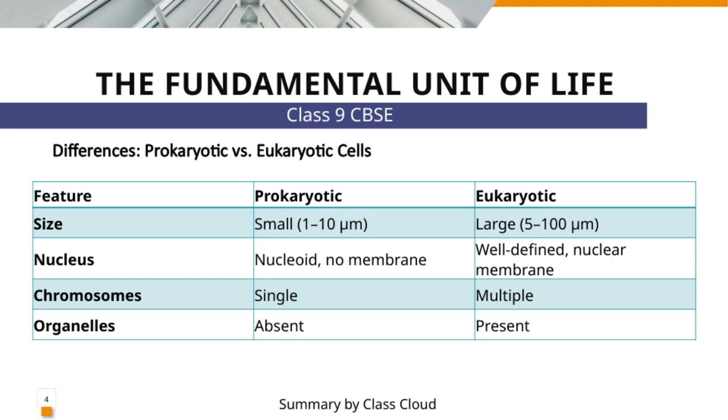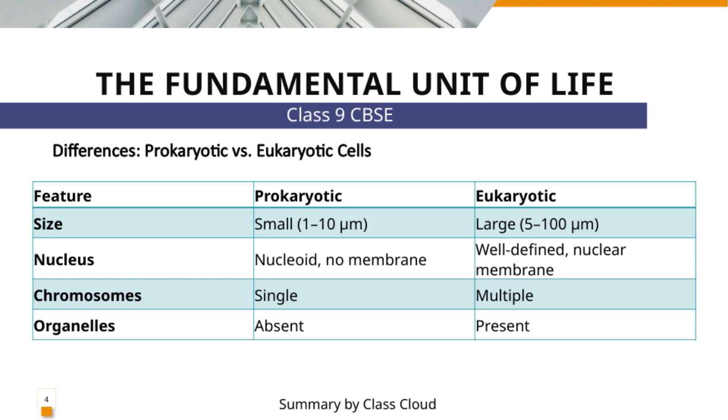Prokaryotic cells have a nucleoid region where their genetic material is located, but it doesn't have a membrane around it. In contrast, eukaryotic cells have a well-defined nucleus, enclosed by a nuclear membrane, which provides a distinct compartment for their genetic material.